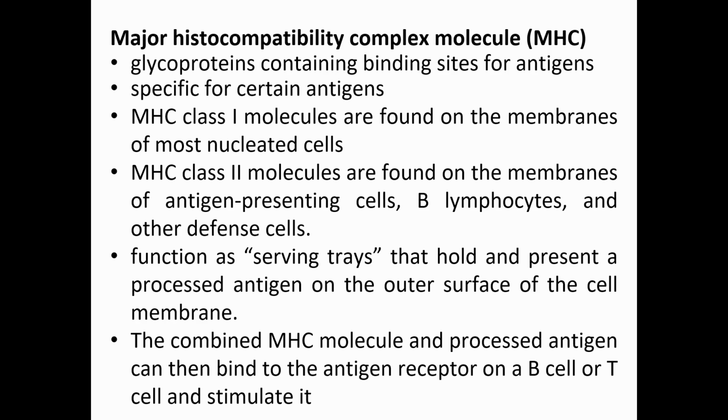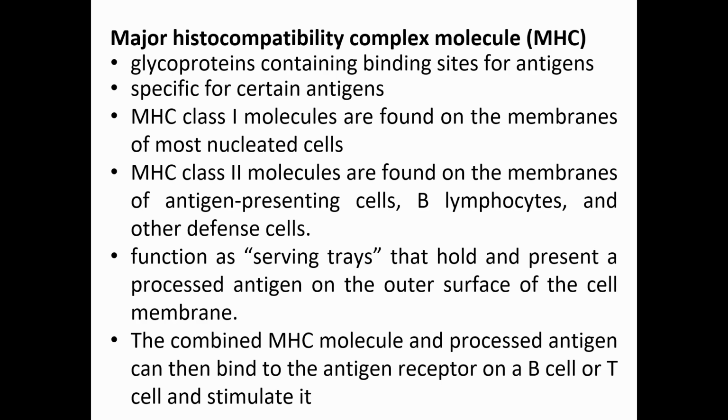Your MHC class 1 molecules are found on the membranes of most nucleated cells, meaning most of the cells in the human body can possess MHC class 1, while MHC class 2 are found on the membranes of antigen-presenting cells, B lymphocytes, and other defense cells.